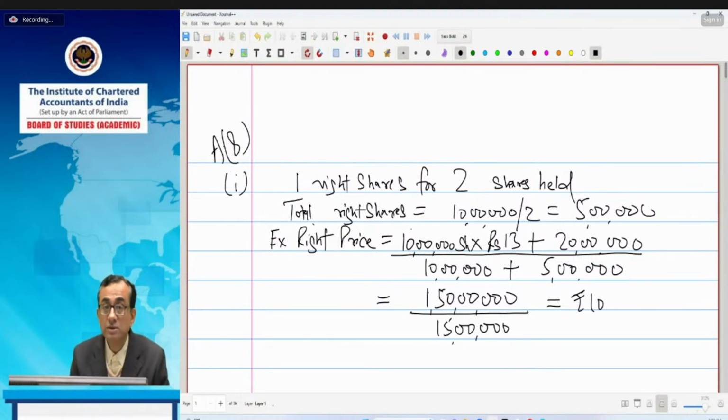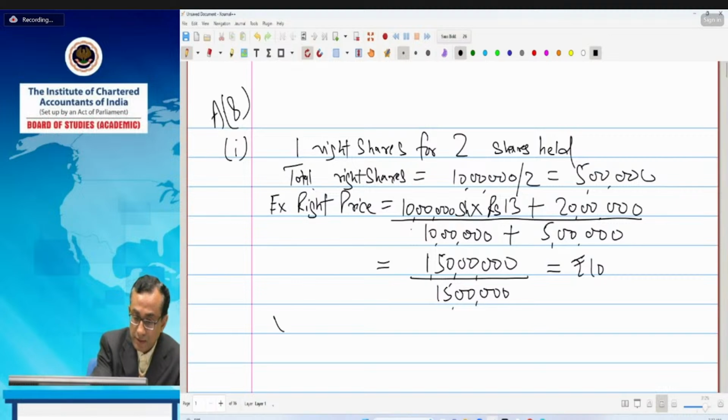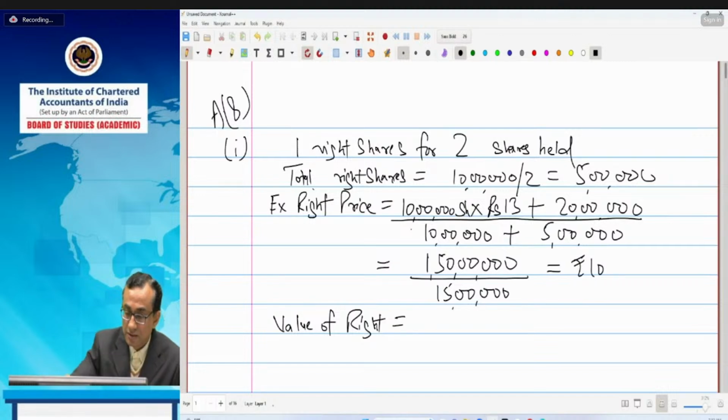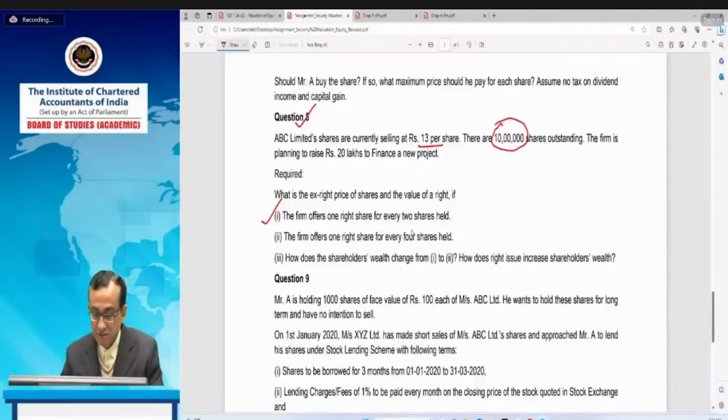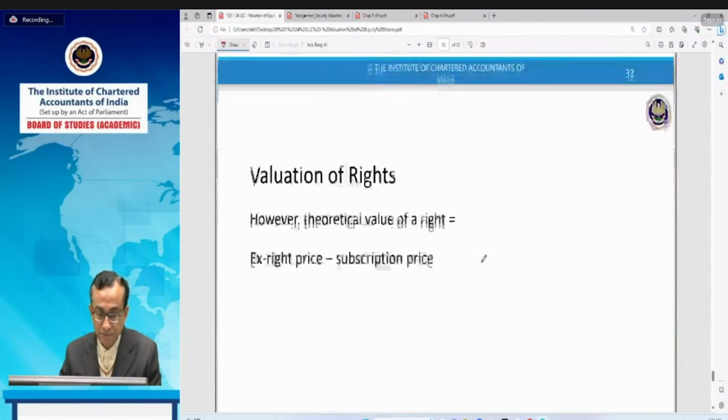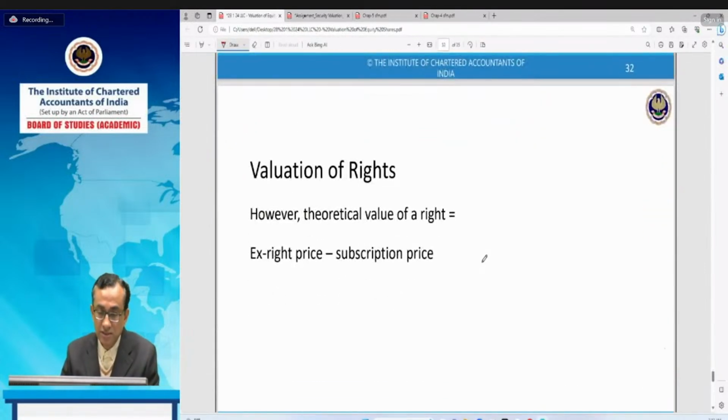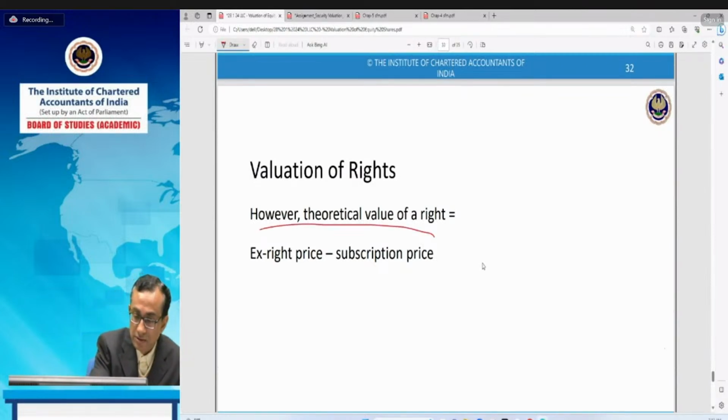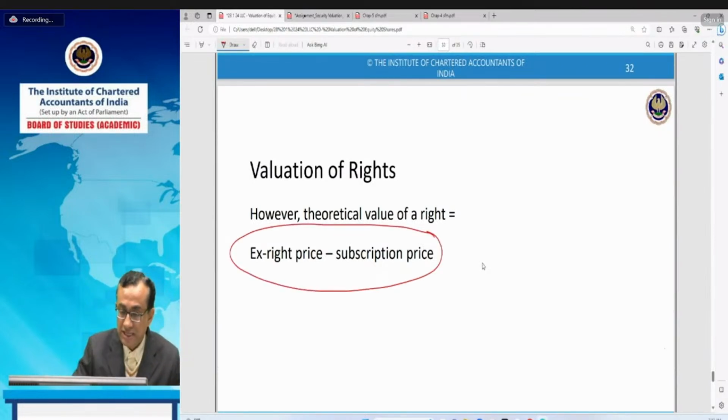Now we will calculate the value of right. So value of right, what is the formula? Let us see this here. Value of right is equal to X right price minus the subscription price, this portion. Value is X right price minus subscription price.